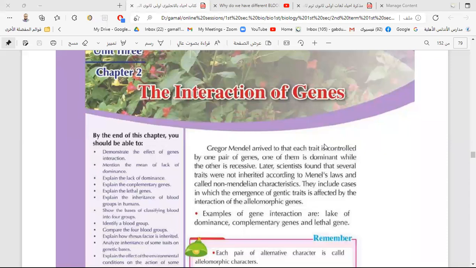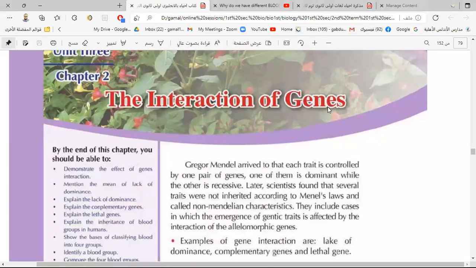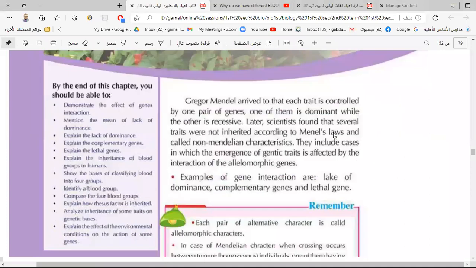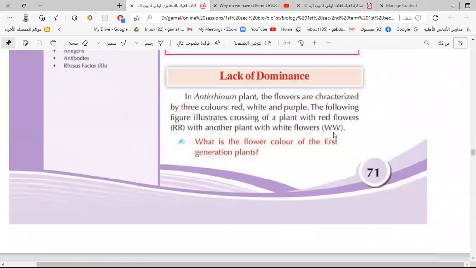But there were many experiments and many scientists discovered after Mendel, some time later, that there are other traits which are not controlled this way. Not all traits are inherited by complete dominance.